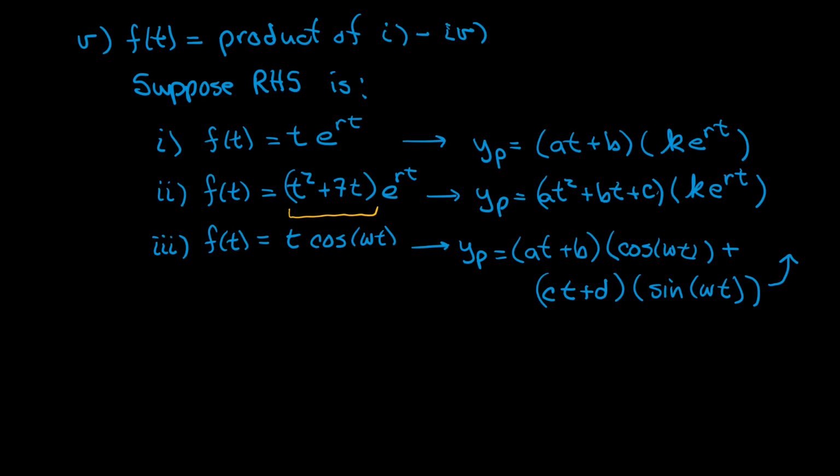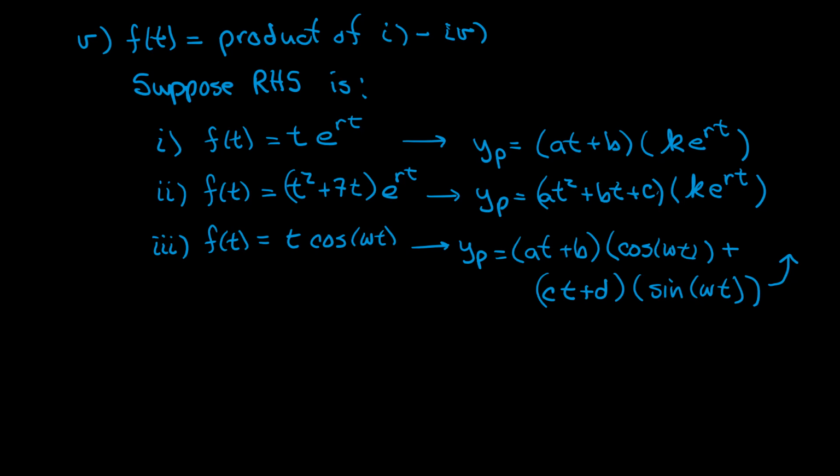Notice this is a second degree polynomial. When we include a proposed solution, we have to have all of the powers of t from 2 down to 0. So we have a t squared plus b t plus c. Then, since we still have our e to the rt, our proposed solution for that is going to be k e to the rt.